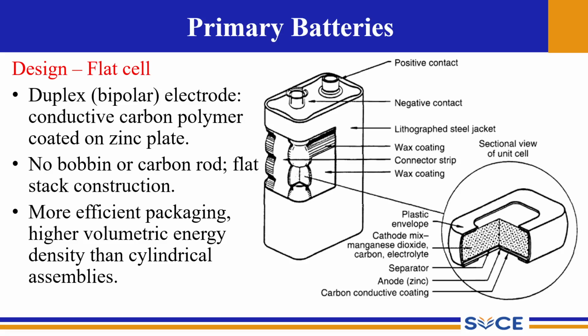So this flat cell design has a significant advantage in delivering more energy for a given battery size. We know very well the batteries of this kind come with a 9 volt rating, whereas the cylindrical ones generally come with a 1.5 volt rating.